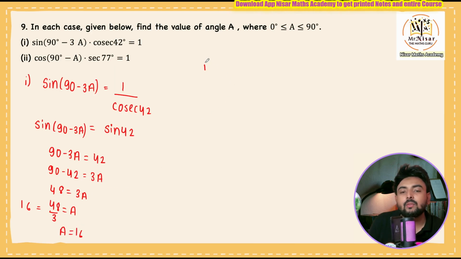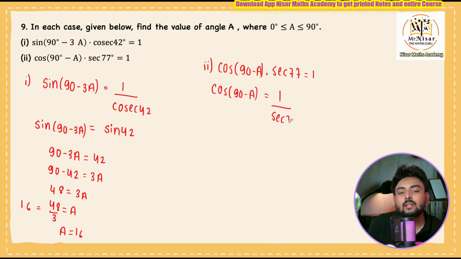And the second one we have here. See, it's very difficult to write on the screen. Still I am doing my best. If this is not coming in alignment, you may try to understand it or you can adjust it. Okay, so here I'll write cos 90 minus a, and that again 1 is in multiplication, it goes to this side in division. 1 by 77 it becomes, and sec is the reciprocal of cos again.